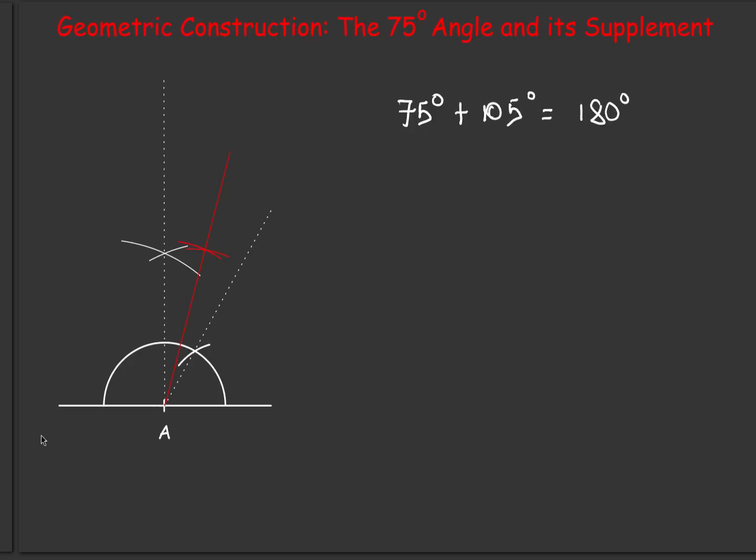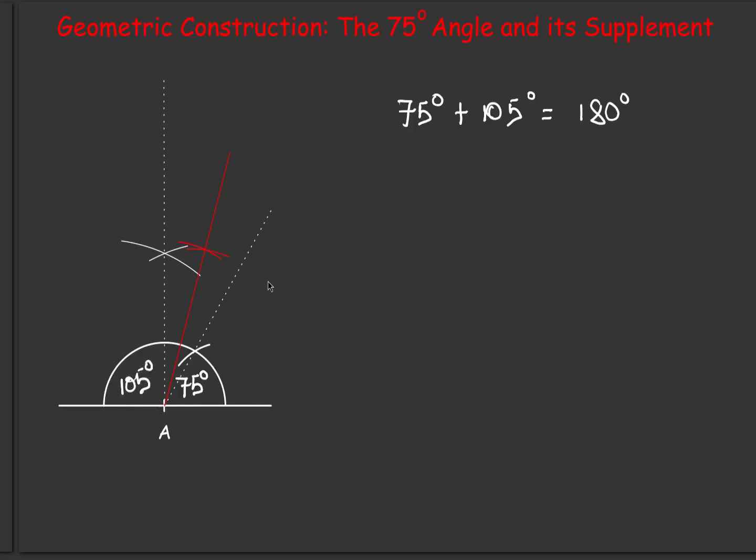Do you see? Now this is a straight line, and we know angles on a straight line equal what? 180. We have measured or constructed this to be 75 degrees. So if this is 75, the remaining angle that we need to add to the 75 to give us the 180 is the 100 and what? 5 degrees.